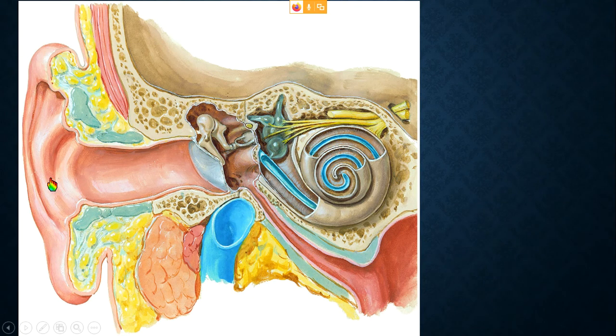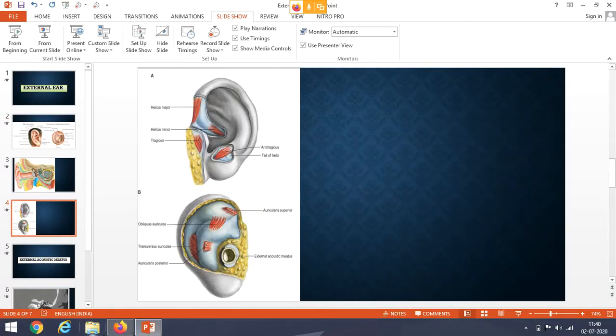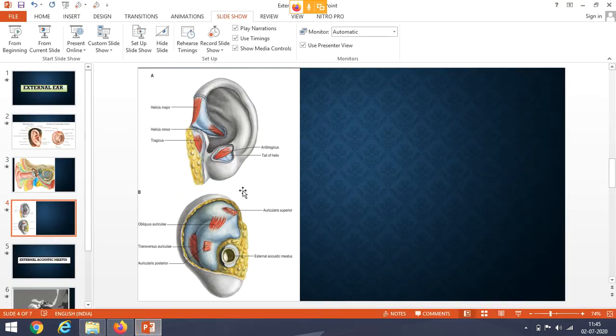Now we are going to see what muscles are present. External muscles include auricularis anterior. Here you can identify it in front of this one. We are discussing auricularis anterior, superior, and posterior.